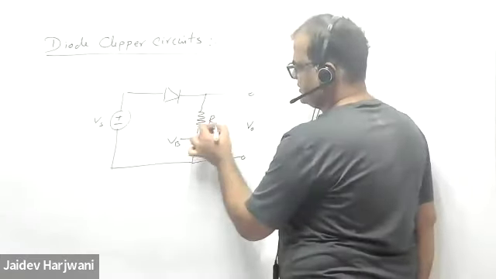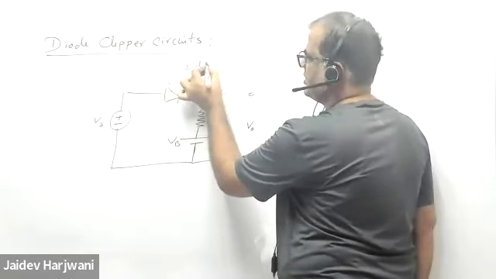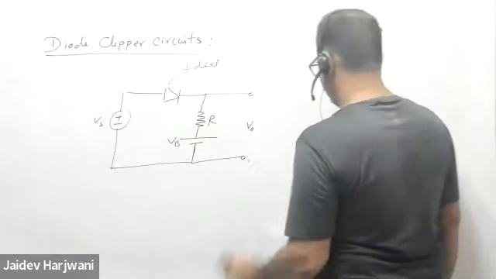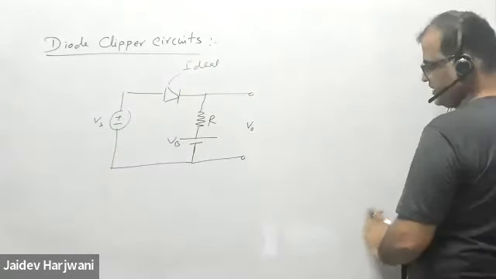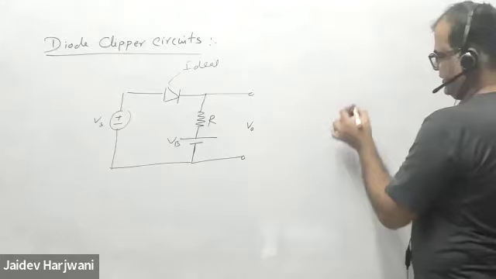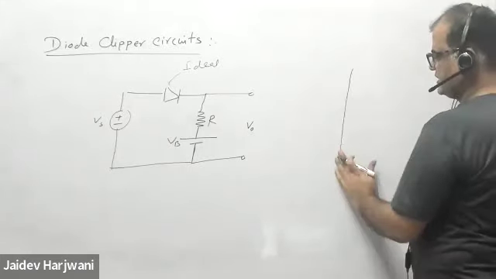Okay, this is the resistance R, this is the ideal diode. Ideal means you have to replace it by a short circuit. Tell me now, the transfer curve for this one.